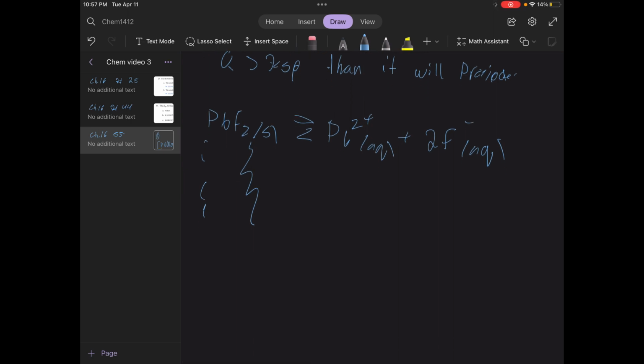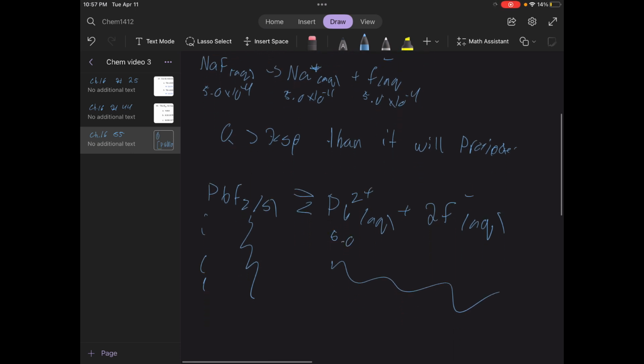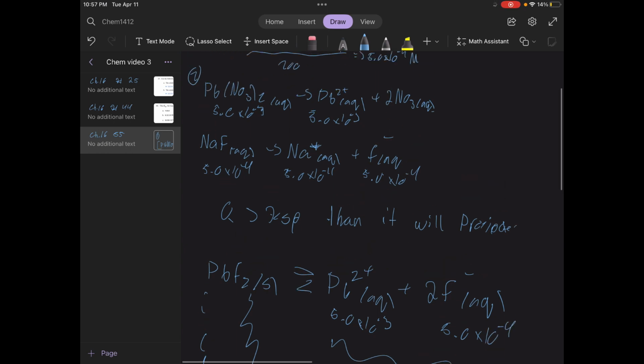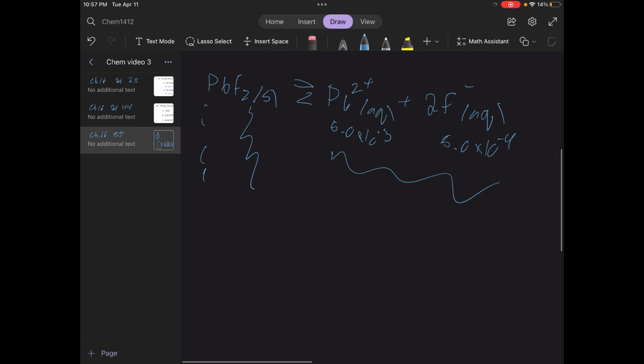So we've got to find our Q. What really matters for Q is just the initial concentration. We can ignore these ones at the bottom. So our initial concentrations are 5.0 times 10 to the negative 3 and 5.0 times 10 to the negative 4. So our Q is equal to Pb2+ times F- squared.